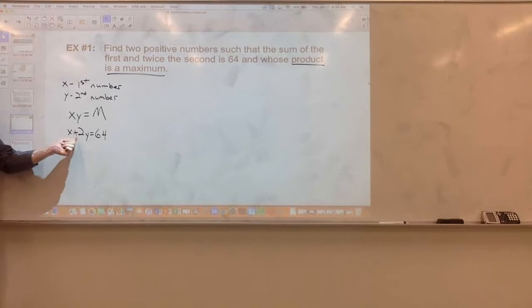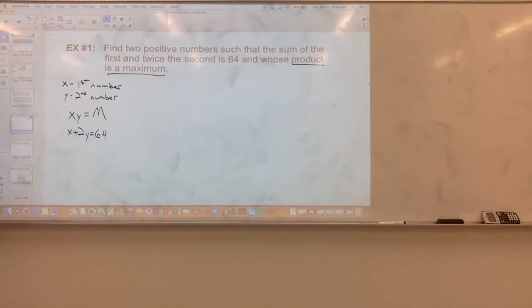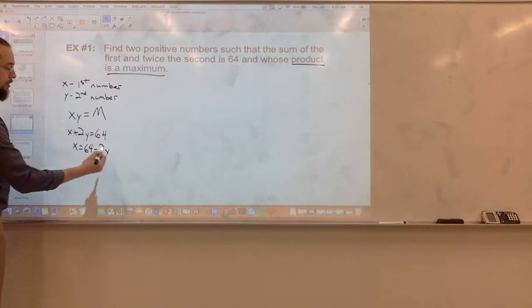It doesn't matter which variable we solve for. A lot of times there will be one that's easier to solve for. So which one do we want to solve for in this equation? x. All I would have to do is subtract 2y over and get x equals 64 minus 2y.